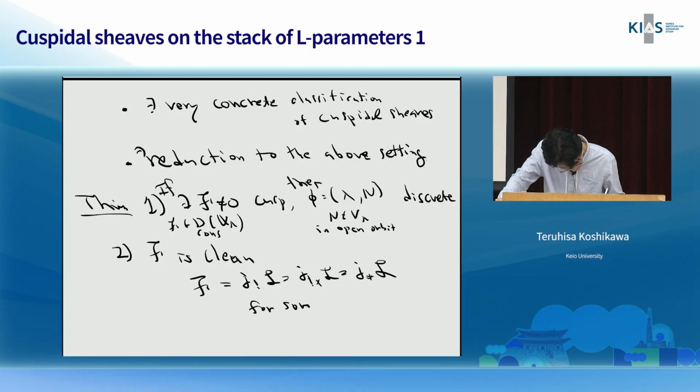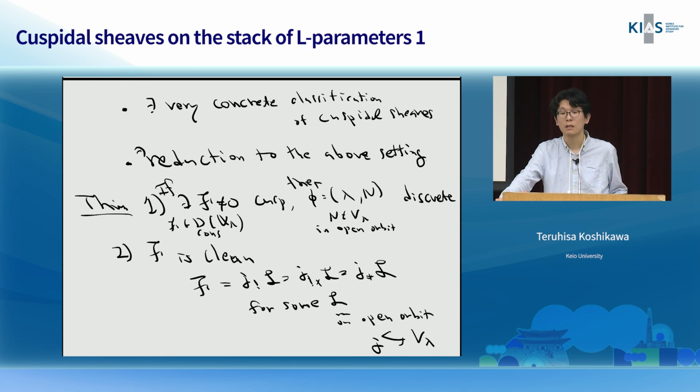And here, this is like on the open orbit. So J is a map from the open orbit. There's two continuum in the sense that the F from 1 is the F from 2.